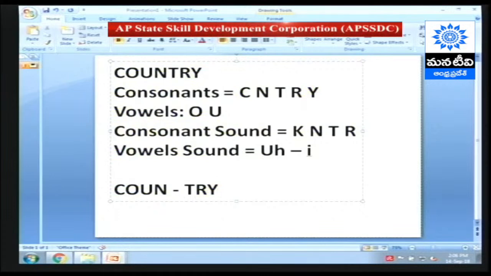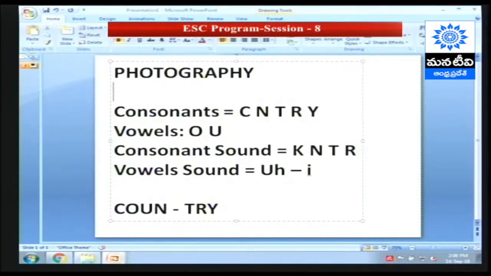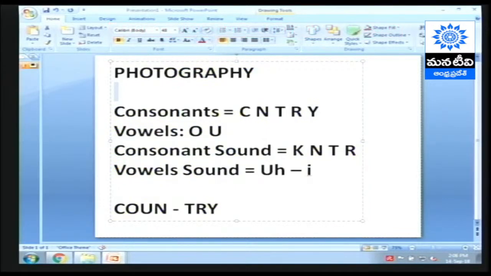country. Now, I may have a word where there are more vowels but fewer vowel sounds. Let's quickly look at one such example. I have the word photography here. It's actually pronounced as photography.